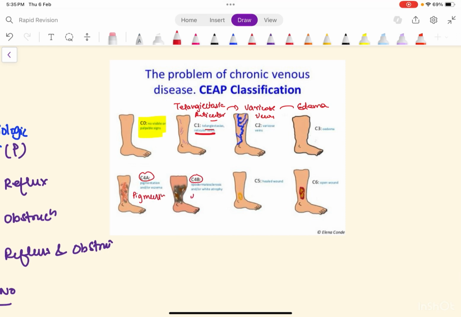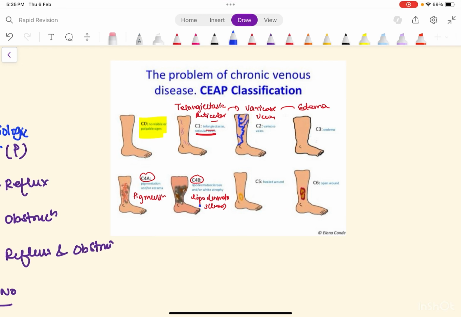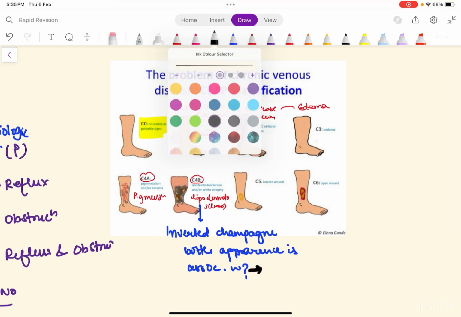First you can observe pigmentation. Then you will see lipodermatosclerosis. Now here usually one question is asked that inverted champagne bottle appearance is associated with.